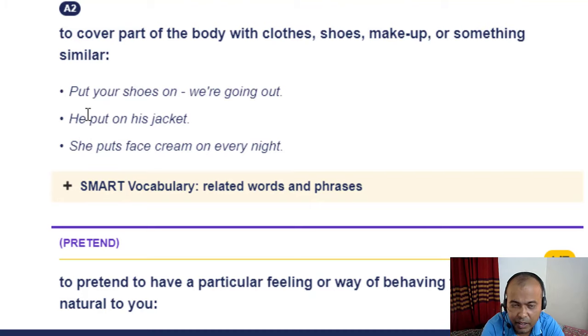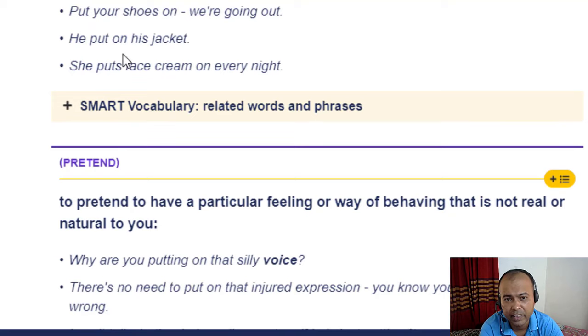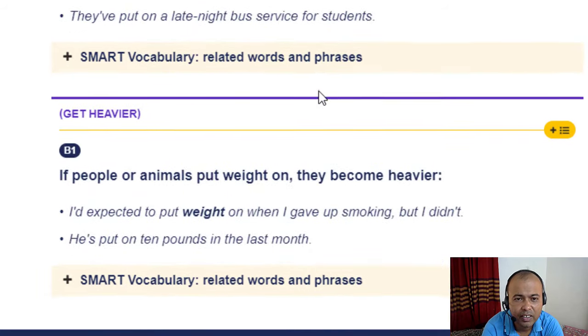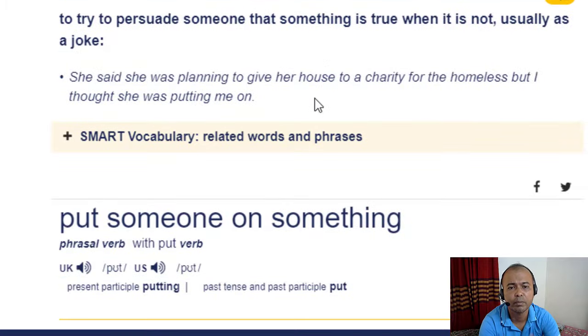That means you may think he puts, but put is the past form here, so they did not add any extra s here. He put on his jacket. That means previously, maybe yesterday, he put on his jacket. She puts face cream on every night. So there are some other meanings of put on.